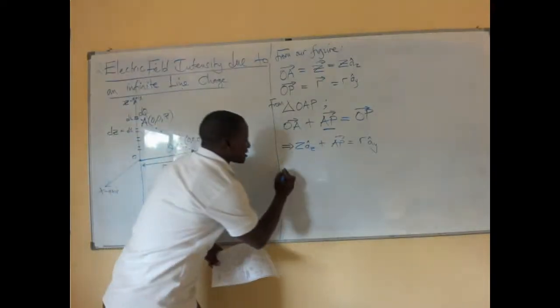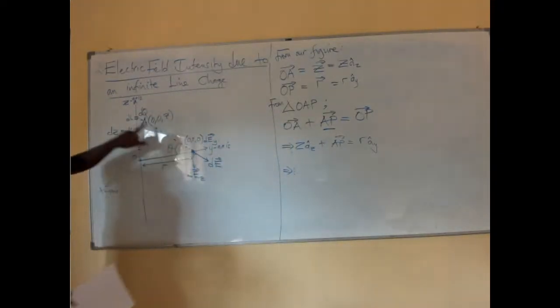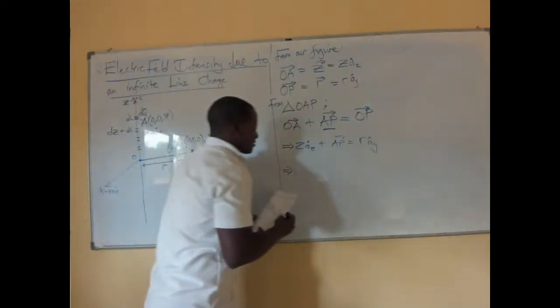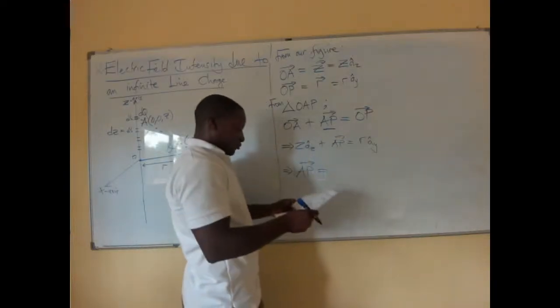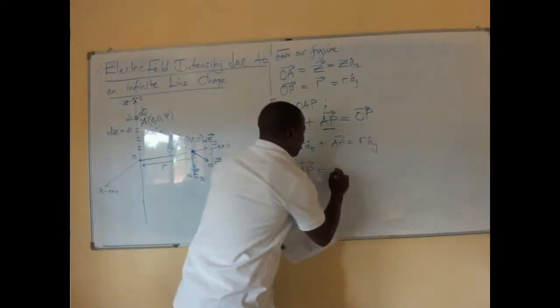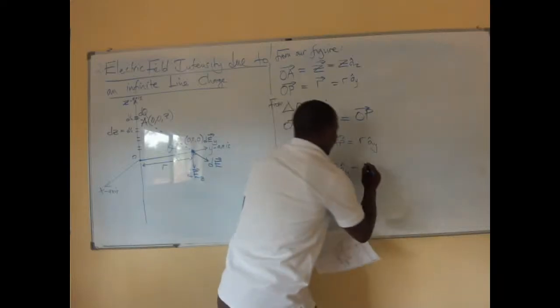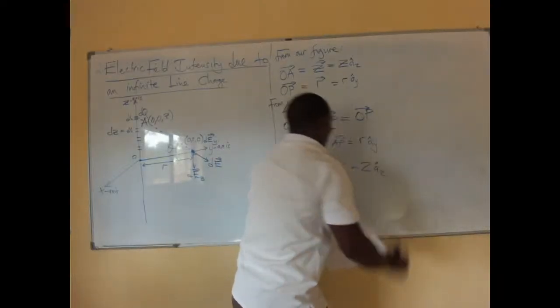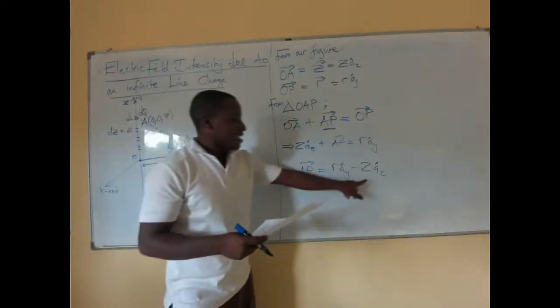So this implies that the displacement that we don't know for this triangle, which is AP, must be equal to R AY minus Z AZ, like that. So we have defined what this AP is.